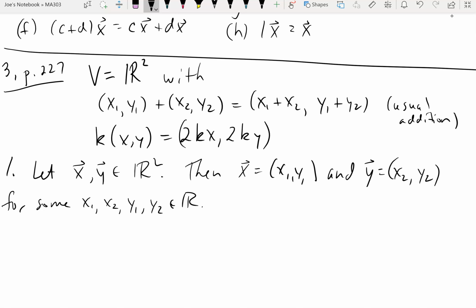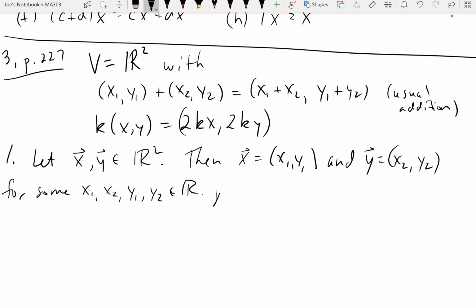All right, so the closure axiom just says that I need to show that when I add these two things together, it lands back in the same set, right? So what I want to show is when I add x to y, I get back in R2 again. Well, this is usual addition.